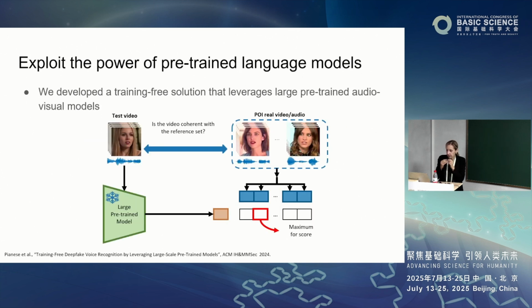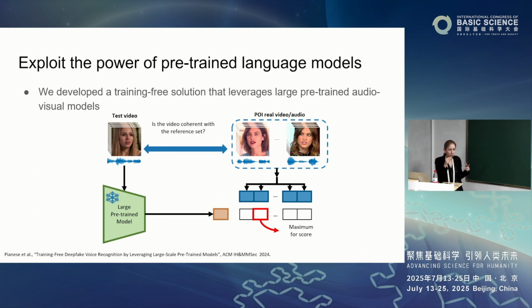Another improvement that we made with respect to this approach was the use of pre-trained models. This was quite surprising, in the sense that we actually used some pre-trained audio models that were not proposed for identity recognition. They were proposed for completely other types of audio applications, and they worked incredibly well. So we were surprised.